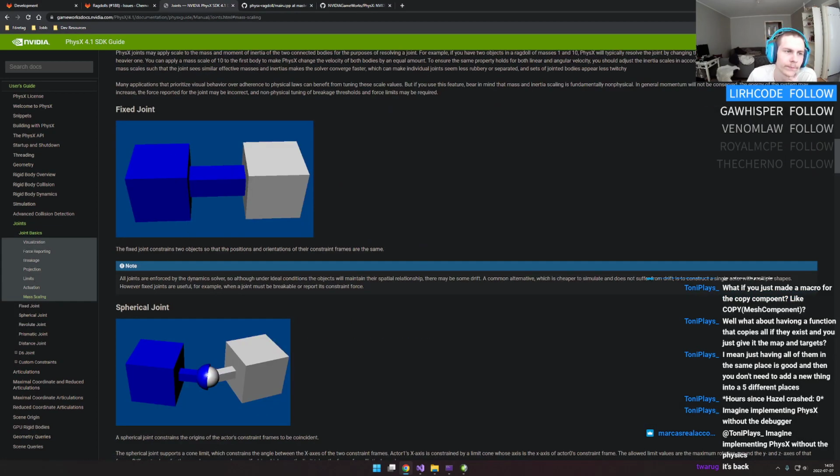Mass scaling. May apply scale to the mass and moment of inertia of the two connecting bodies for the purpose of resolving a joint. For example, you do.